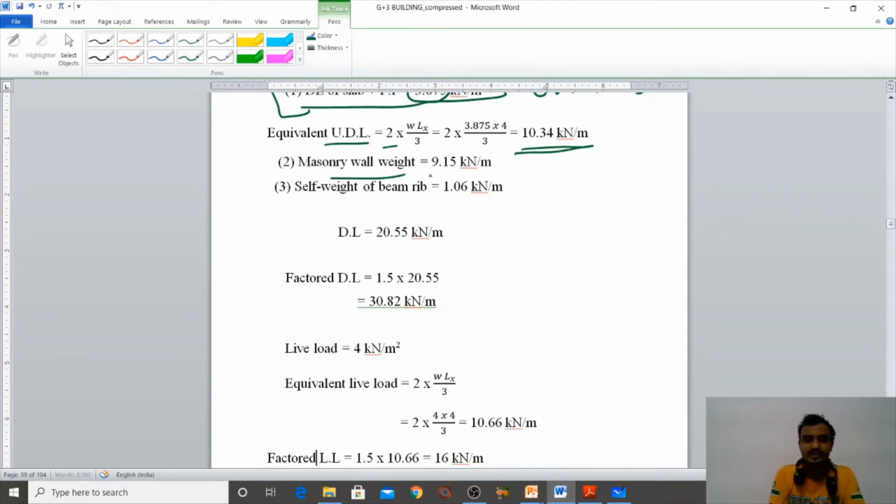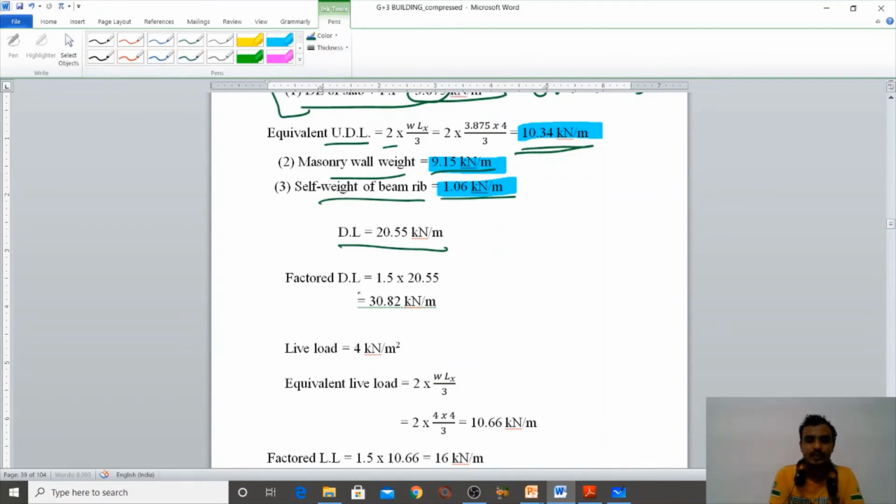The same thing for the masonry wall. Masonry wall weight is the same, 9.50 kN per meter. Self weight of beam is 1.06 kN per meter. So the total dead load is 20.55, the summation of all these three values.